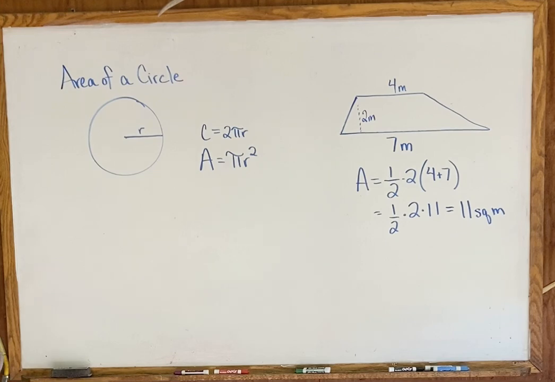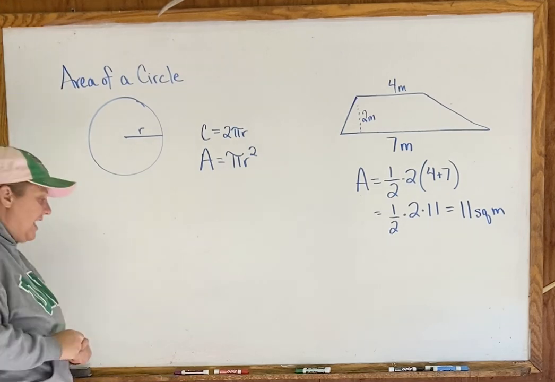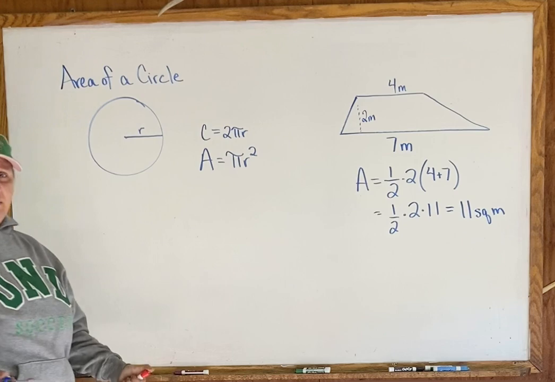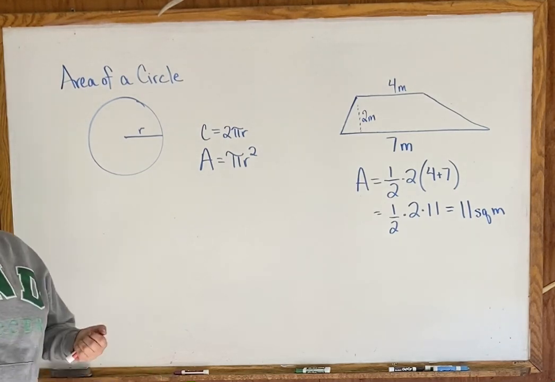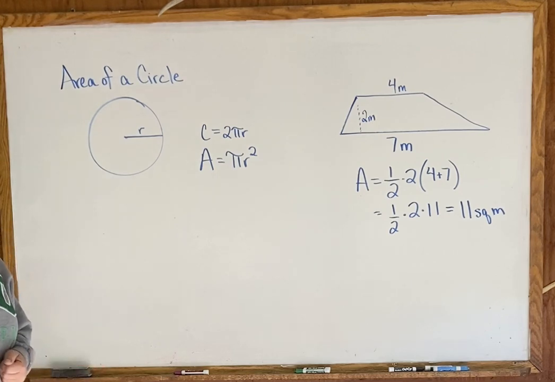I want to show you a neat little trick. Because I'm doing this on the board, it doesn't really look all that great. But you can Google this, like area of a circle, and it'll show you a little YouTube video where it's all nicely drawn out and even has animation and everything. Can't quite do that on the board here.